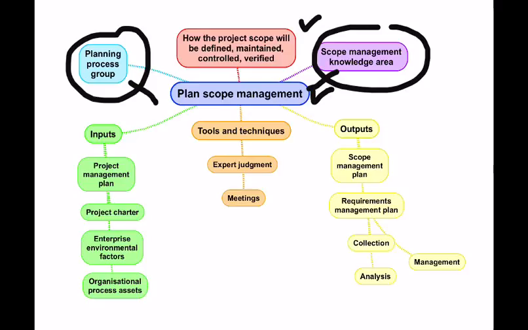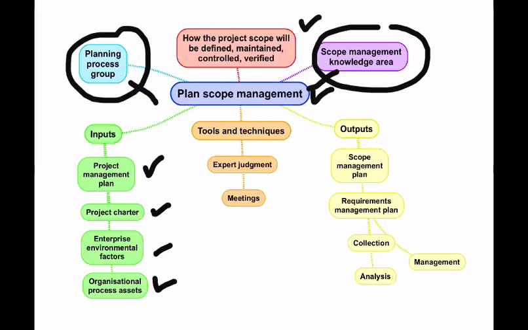The inputs to plan scope management are the project management plan, which is the output of the first process, develop project management plan in the planning process. Then we have the project charter, which was the output of the initiation process group. Then we have the enterprise environmental factors coming in as an input for plan scope management, and the organizational process assets like the tools, templates, guidelines and the historical data.